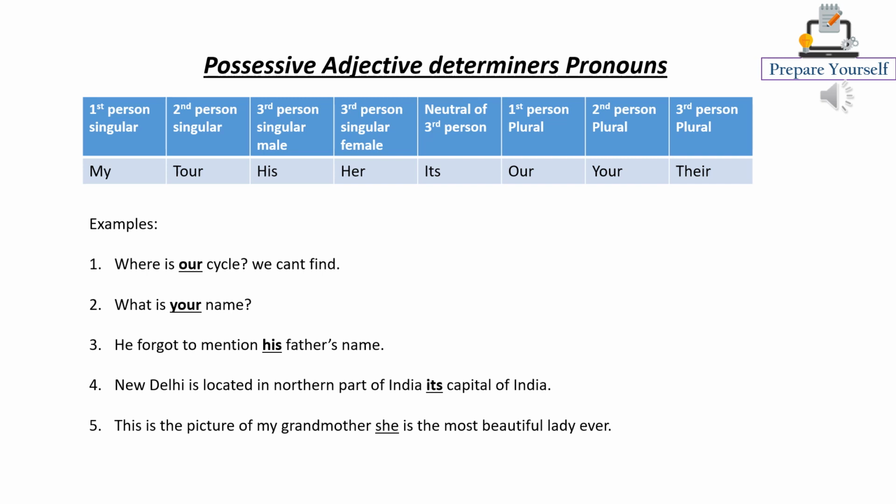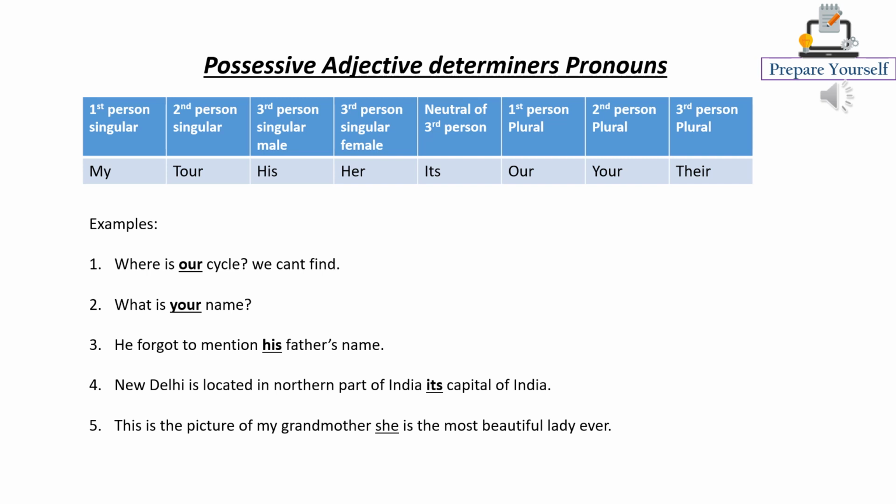Now can you see in example number 1, it is followed by the noun, and it is a cycle. Here in example number 2, it's very specific. The name is already mentioned, and the name, place, animal, things are nouns. In the third sentence, father's name. Again, it is the sign of a noun.